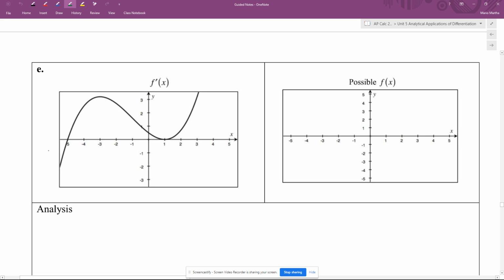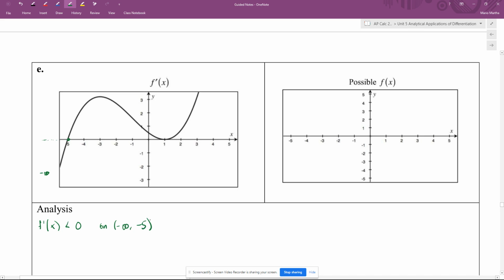And again, you want to first check what could tell us whether f of x is increasing or decreasing. And remember, that is the first derivative test, right? So if you notice here, from negative infinity all the way up to negative 5, f prime of x is less than 0. So we can say f prime of x is less than 0 on the interval from negative infinity to negative 5.